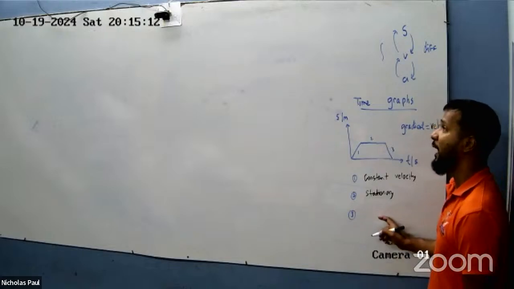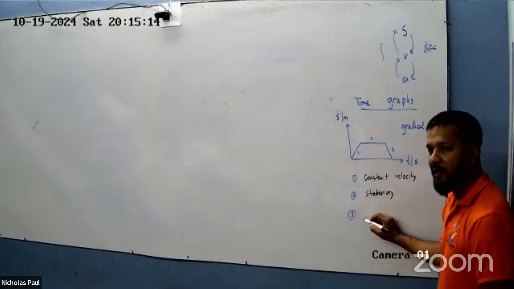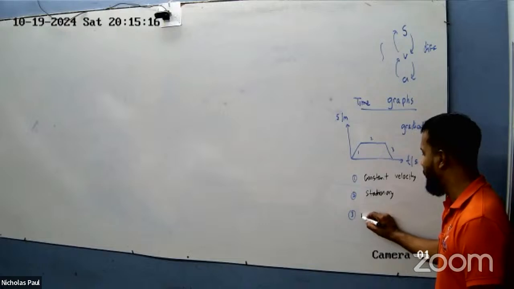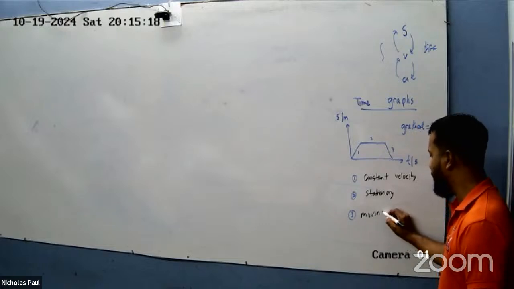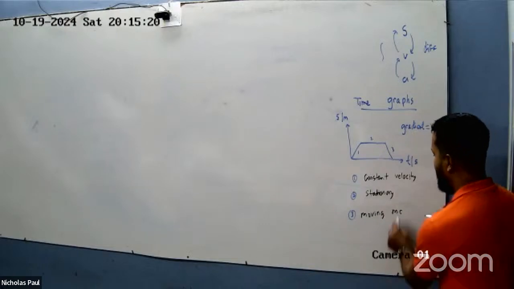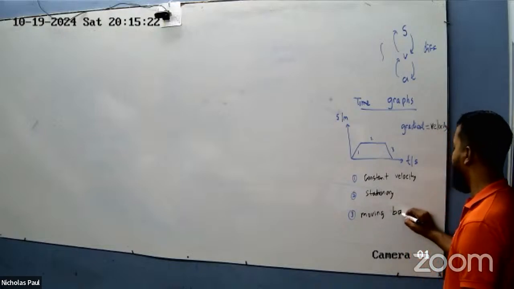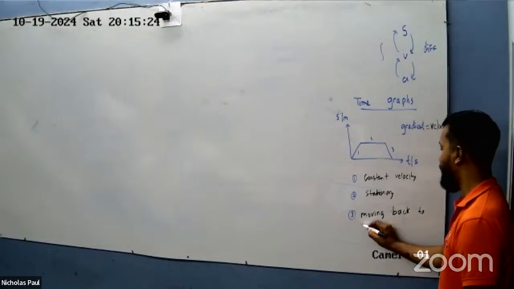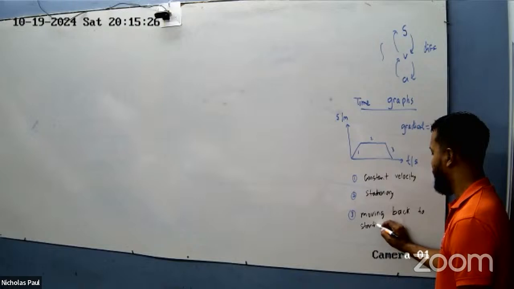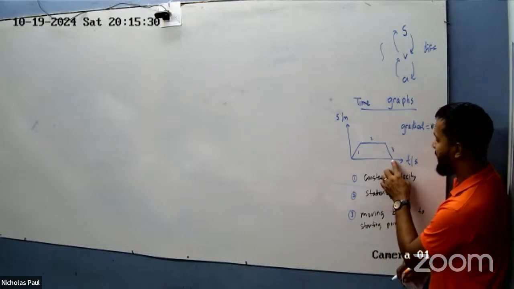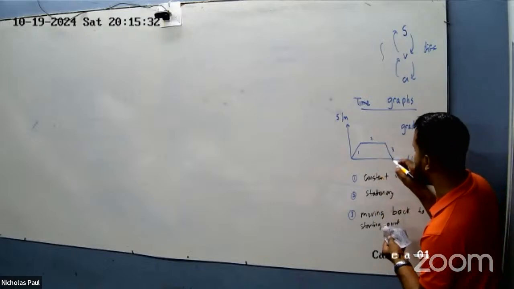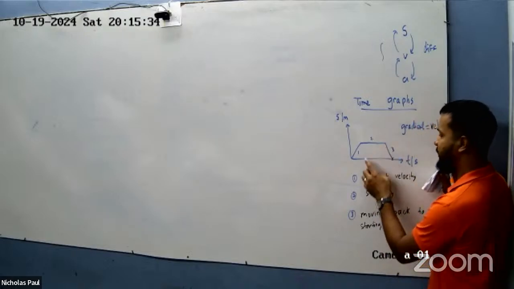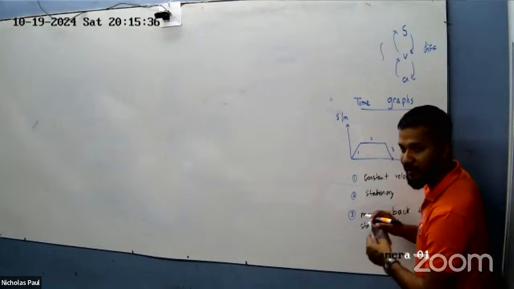What we can see here is moving back to the starting point, because the displacement here is 0. This part shows you change direction and go back to your starting point.